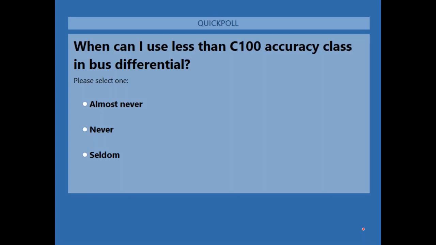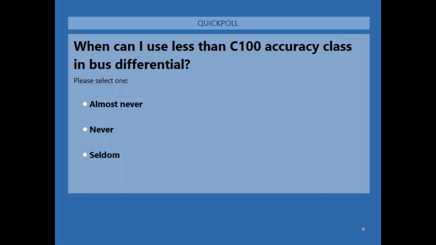Okay, never, seldom, almost never. In reality, any of those answers are good, right? And again, the reason I say it's very difficult to use this C100 is because typically when I think about a C100, I think it's going to support a little bit over 100 volts, right?